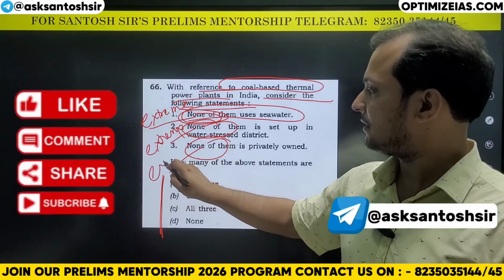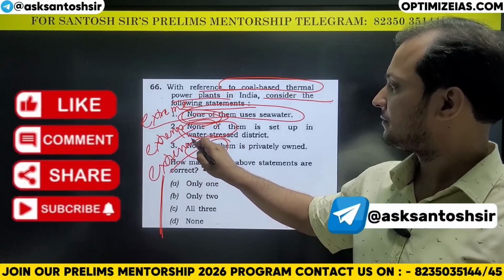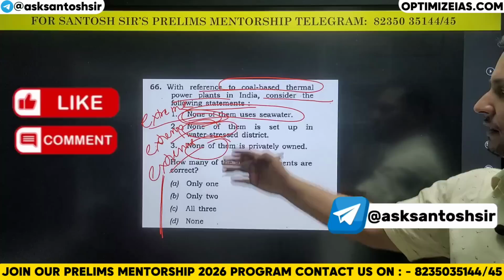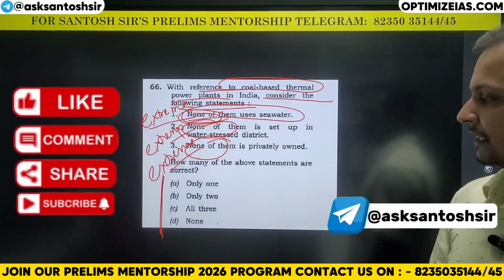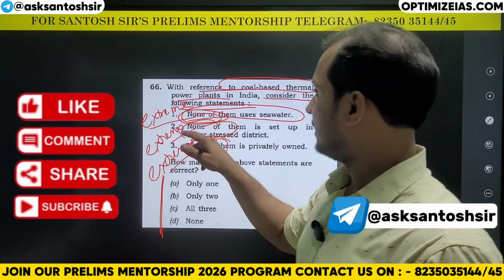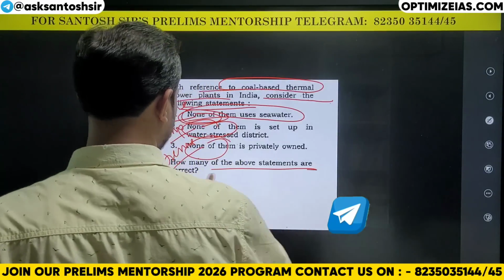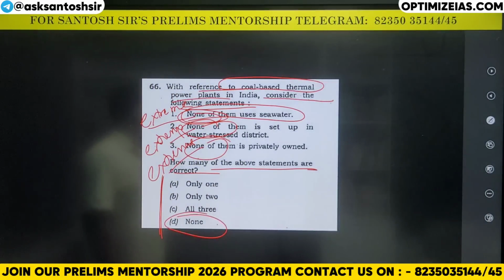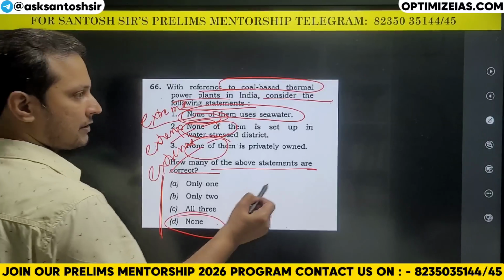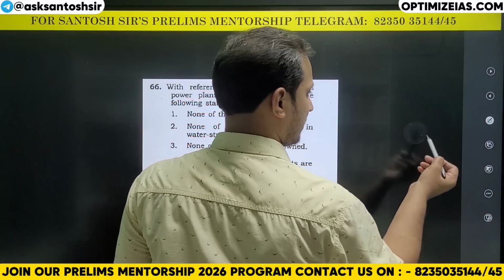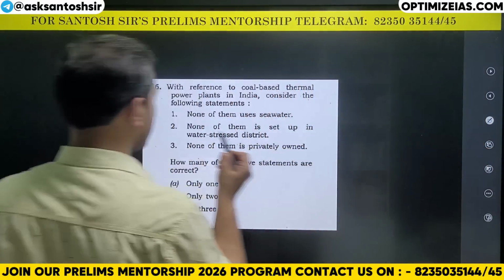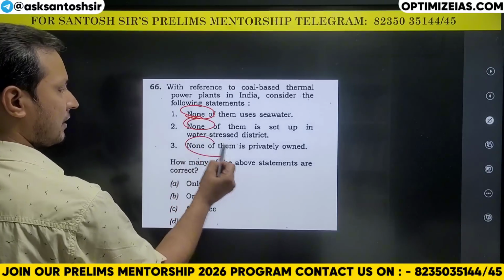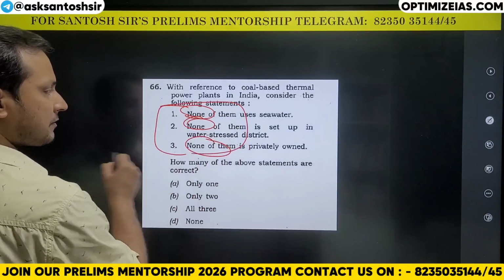Again, extreme statement. All these three are what? Extreme statements. We can eliminate. How many of the above statements are correct? None is correct. Extreme statements, guys. None, none, none.